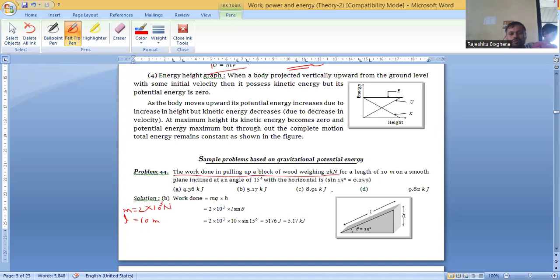How much work? Here the potential energy is zero, and we have to go up to here, so the work is the change in potential energy, which is mgh. Sin theta is equal to opposite side upon hypotenuse, and h equals L sin theta. Now put h equal to L sin theta: mg is the total given weight 2 into 10 raised to 3, L is given 10, sin 15 is also given 0.259.